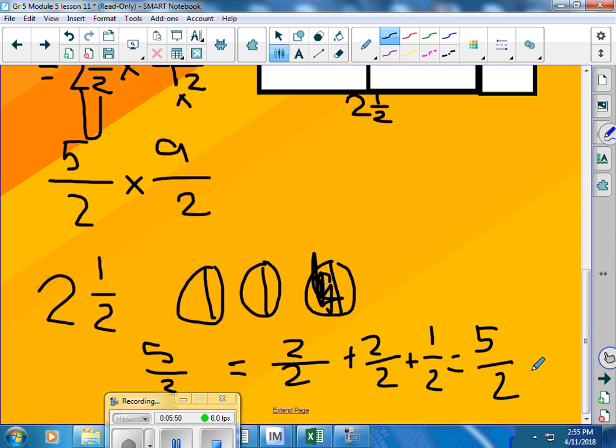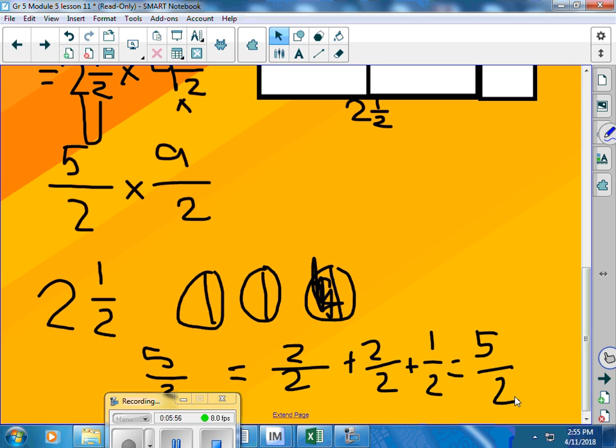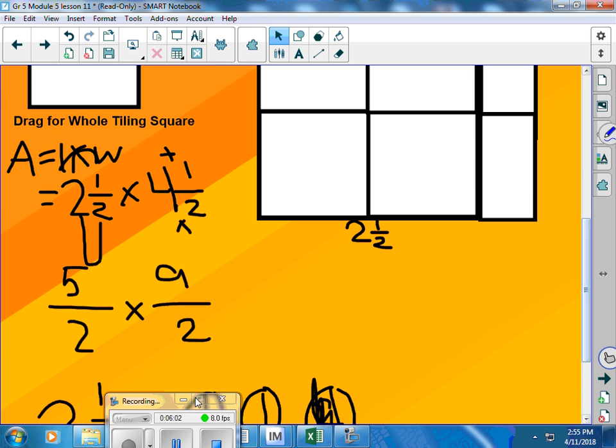So the clip method is a trick that we use, a shortcut, if you will. But this is why the clip method works. So now that I've used the paperclip method and I have found my improper fractions, I am going to multiply straight across. 5 times 9 is 45.